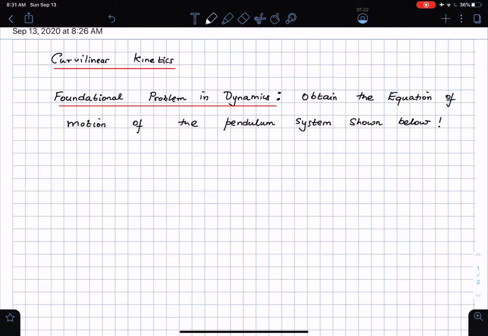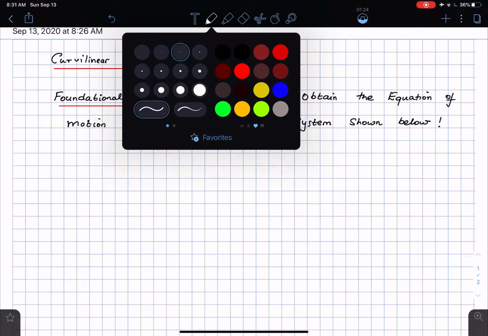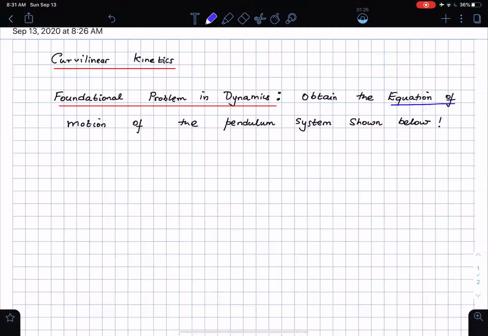Okay, key word here is equation of motion. I'm pretty sure that this is something that you may not have come across. Equation of motion of the pendulum. The pendulum system is one of the foundational problems in dynamics, because the pendulum is a representative of many real things that can be modeled using the motion of a pendulum. So the human body is an example of a pendulum system.